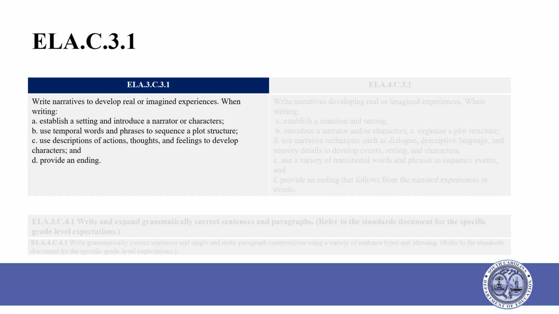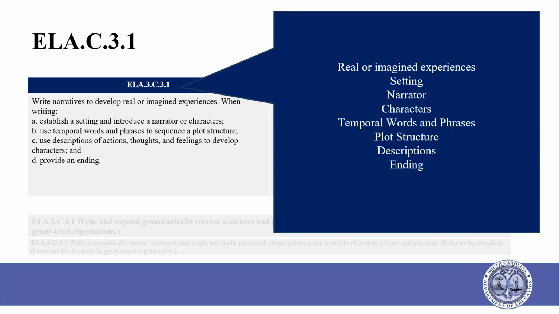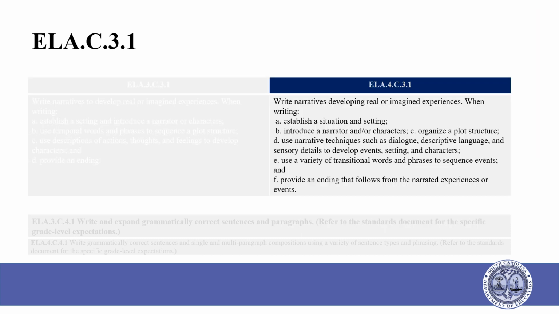Underline or highlight the following academic language: real or imagined experiences, setting, narrator, characters, temporal words and phrases, plot structure, descriptions, and ending. Looking at the same handout, you will notice the indicator for the 4th grade narrative writing on the right.